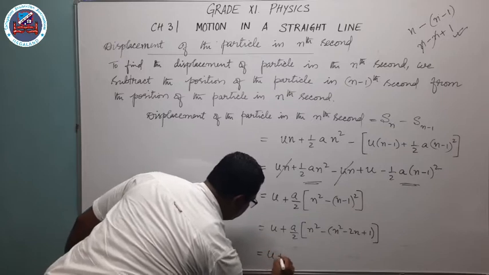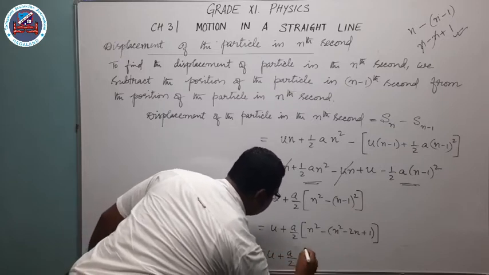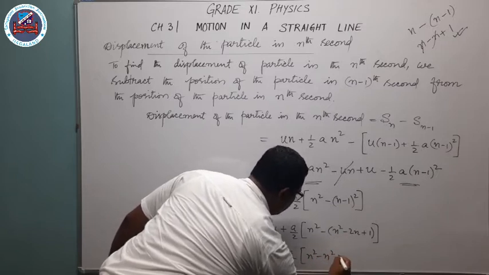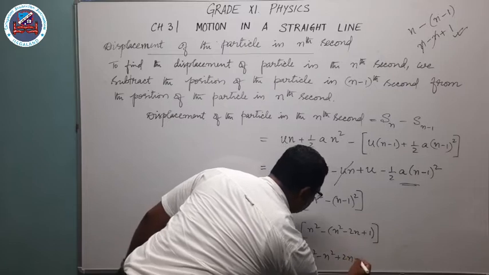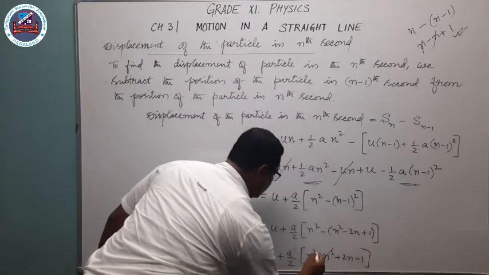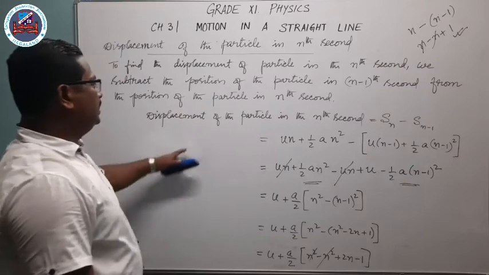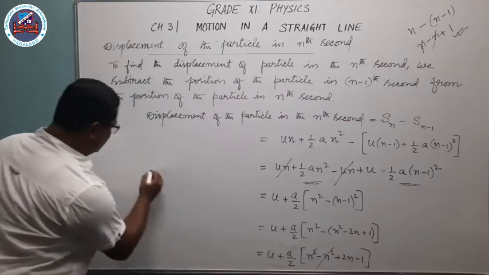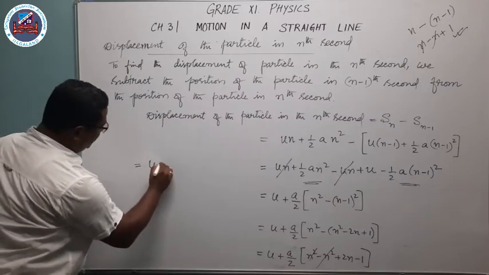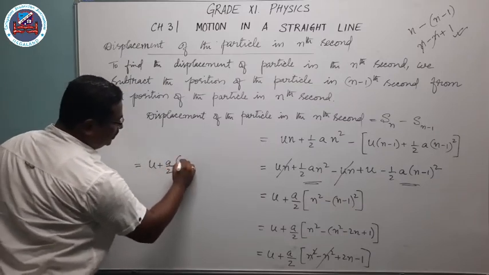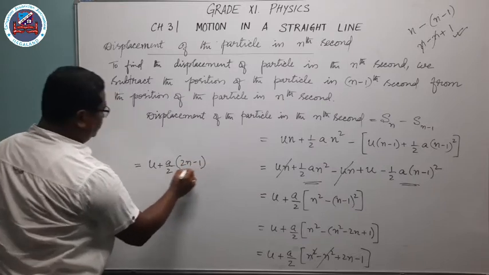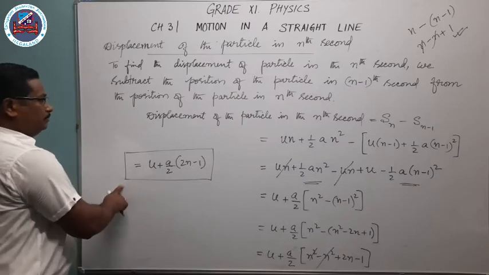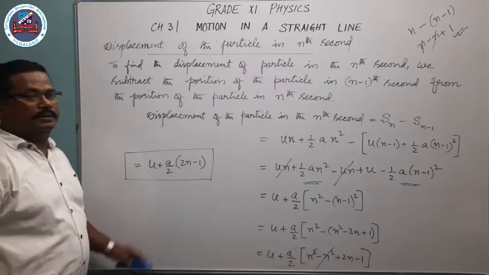Then this is u plus a by 2 times n square minus n square, minus into minus is plus 2n, minus into plus is minus 1. This n square, if you cancel it, you get the displacement of the particle in the nth second. That can be written as u plus a by 2 times (2n minus 1). This gives us the displacement of the particle in the nth second.